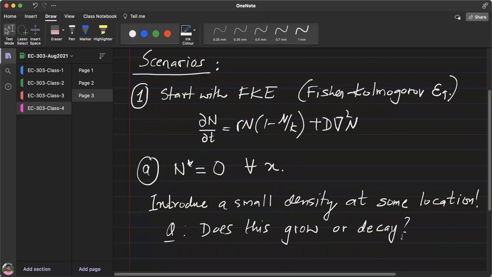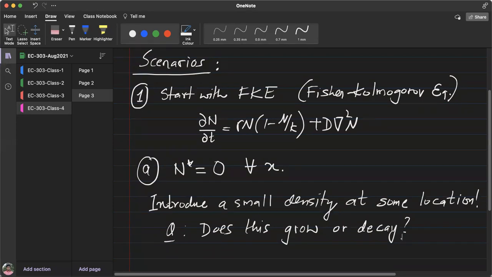Now, the biological contexts where this could make sense range quite a lot. Imagine that there is a species that had gone extinct in a location where it was originally present. Now we have introduced a small number of them in some corner or some part of the landscape. The question is, is it going to grow or is it going to decay? That's one scenario.